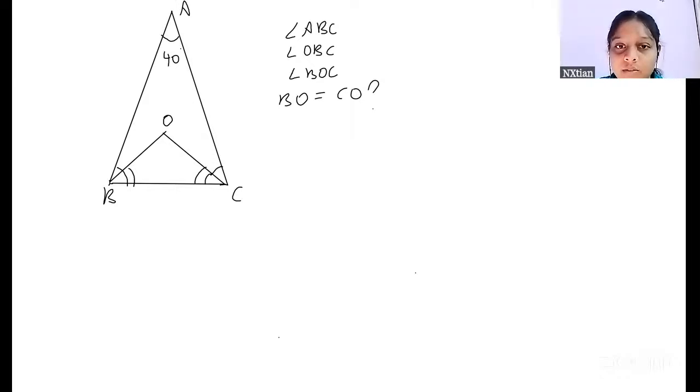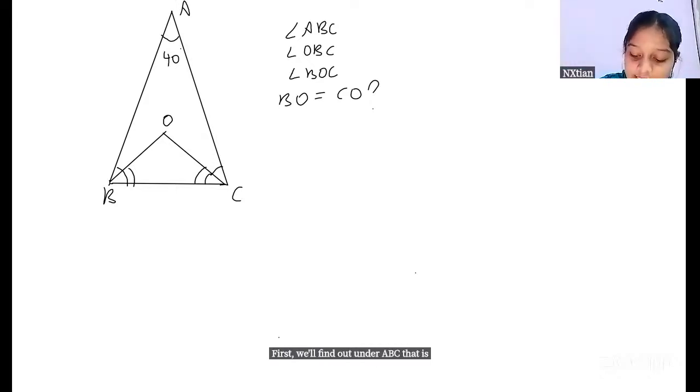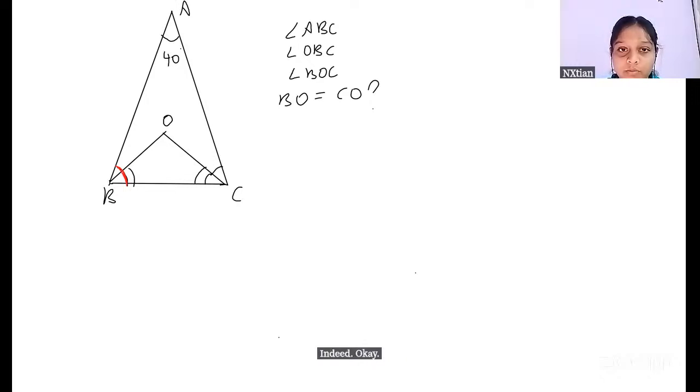This we have to calculate. Now, 11th question. First, we'll find out angle ABC, that is this angle, the full angle.